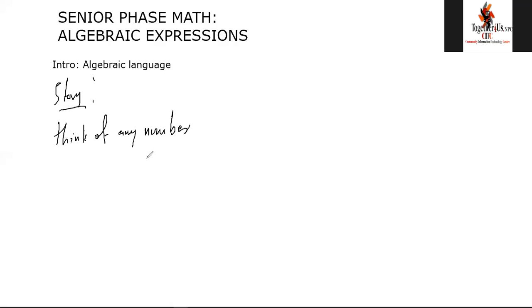Whether it is 5 or whatever that number is, because this is any number, I'm going to say n, maybe because n is the first letter in the word number. Now take this number and multiply it by 6.